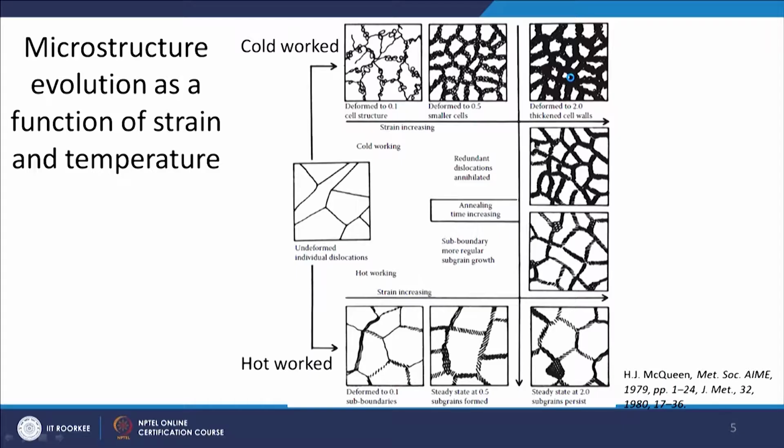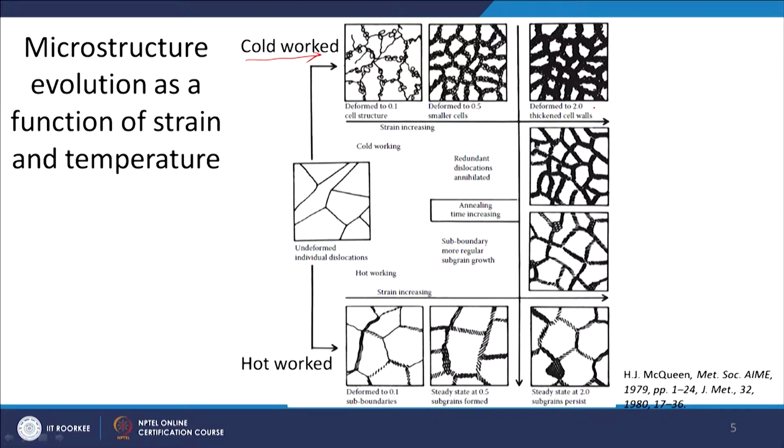Now, this is a more elaborate kind of picture, showing what kind of microstructure evolution takes place as a function of strain. These are all schematic, with strain and temperature. The upper ones are shown for cold work material, and you can see that the strain is increasing from left to right.